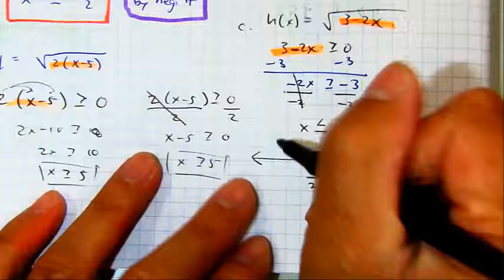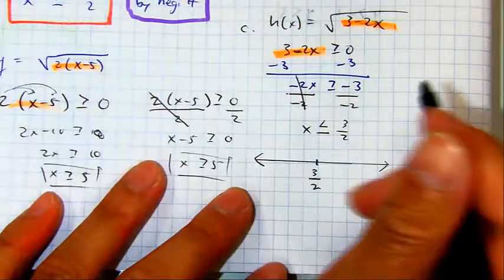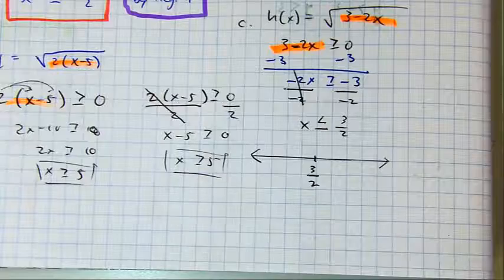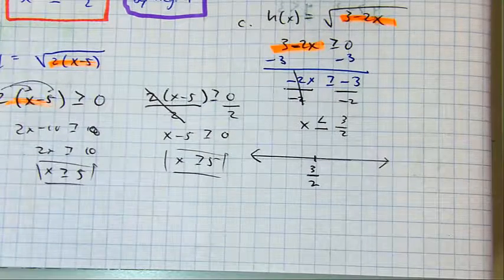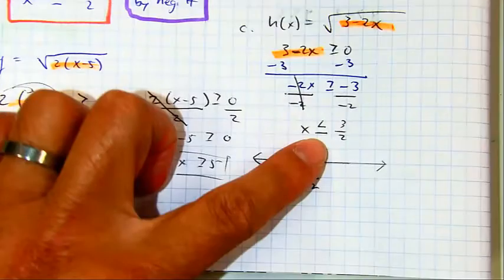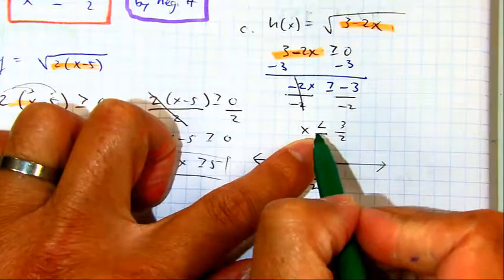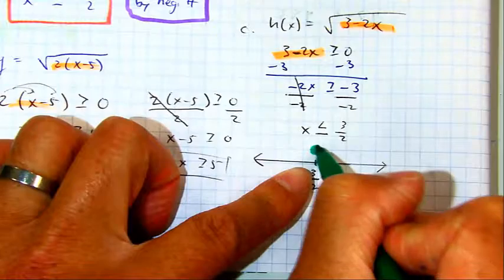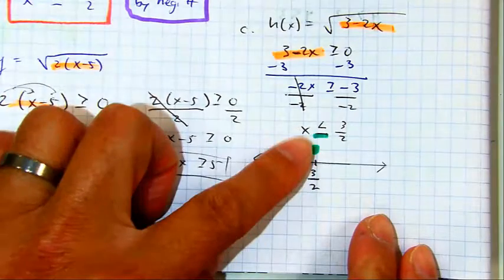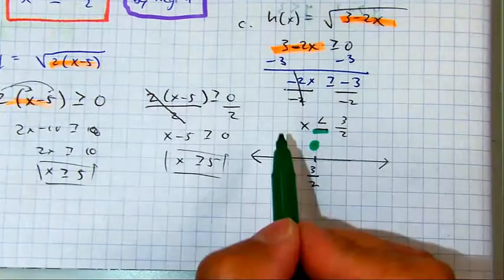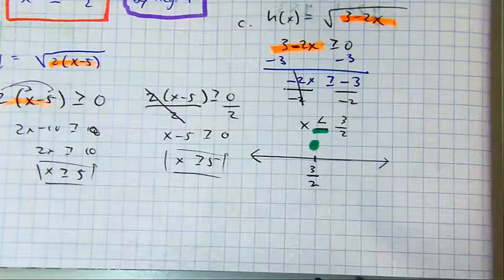Okay, question, open or closed? When it says equal to, it is a closed circle because of that. Does that make sense? Okay, where are numbers smaller than 3/2? Left or right? That's what your number line looks like for the inequality.